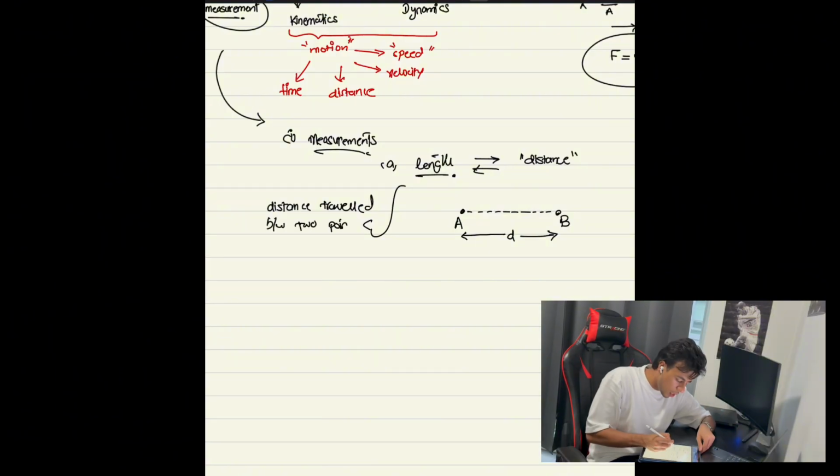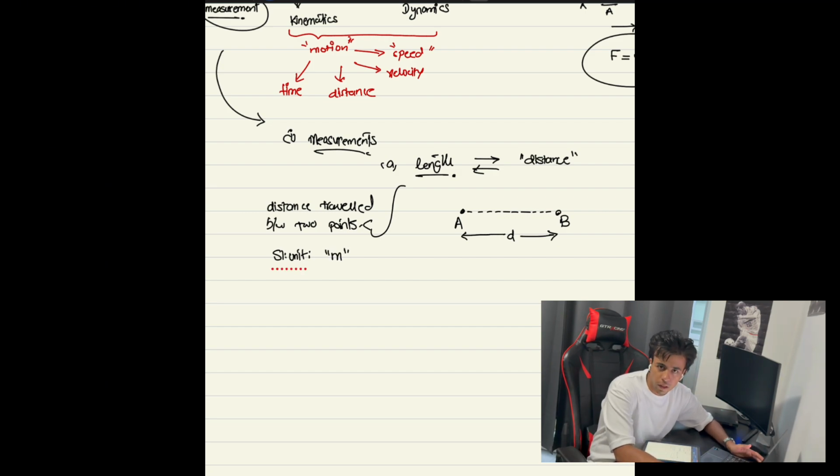That's it. And obviously, when you're doing math or physics or even chemistry, you need to know what the unit of measurement is. So the SI unit in this case is meters. But why?